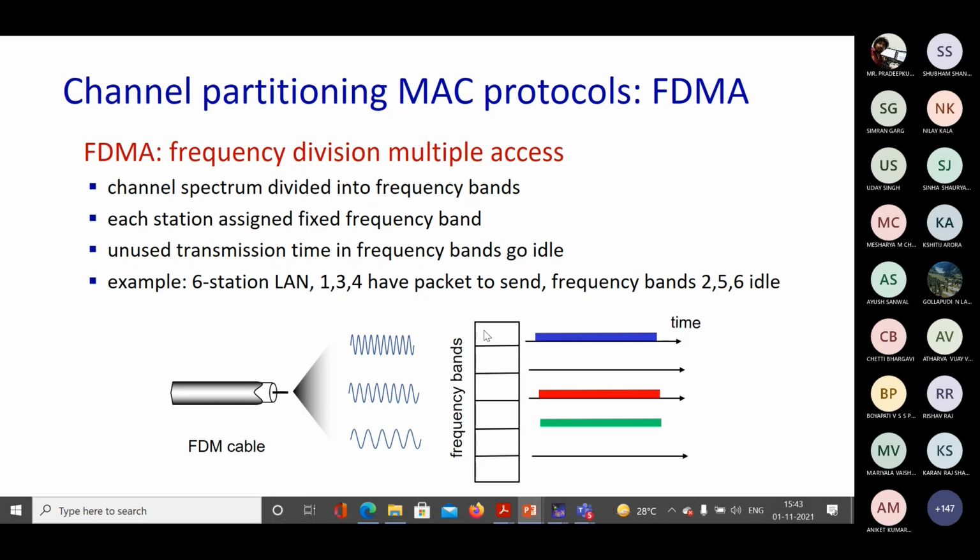They send in these bands only, because they have been allotted fixed frequency bands. They cannot send in any other bands. So these ones have data to send and are quite busy, whereas the other bands, 2, 5, and 6, are simply idle.